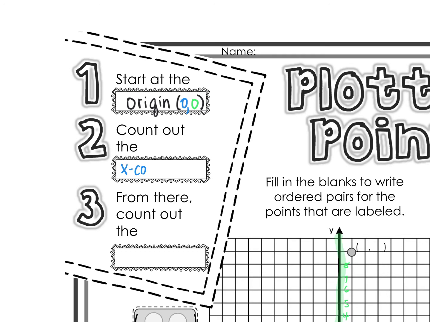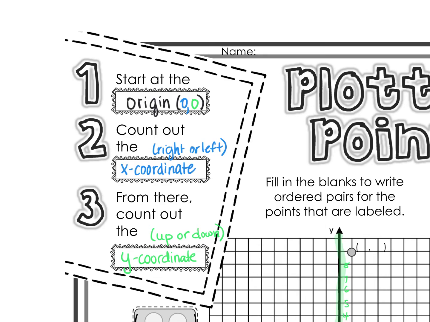So the x-coordinate is always going to go right or left. So from the origin, you always go right or left first. And then from there, we count out the y-coordinate. So after you go right or left, then you're going to go up or down.